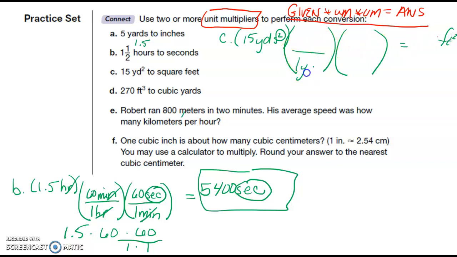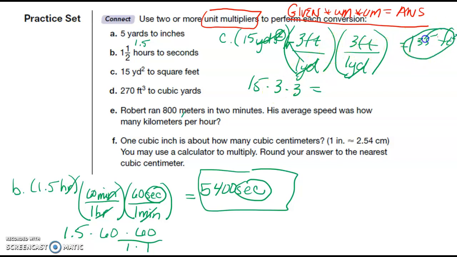I know that 1 yard is equal to 3 feet, and that only takes care of one of these, so I have to do this again to take care of the other one. So this is 1, 2, and this is 1, 2. Now I have 15 times 3 times 3, which is equal to 135 square feet.